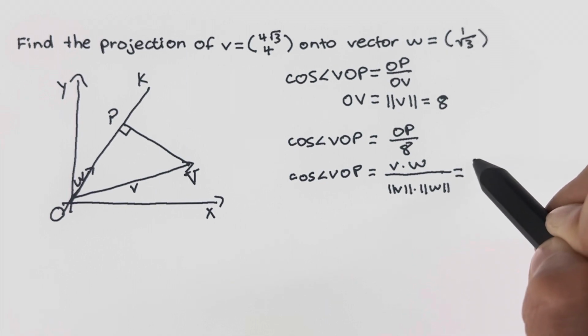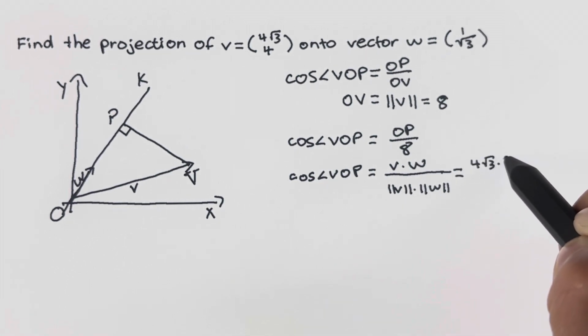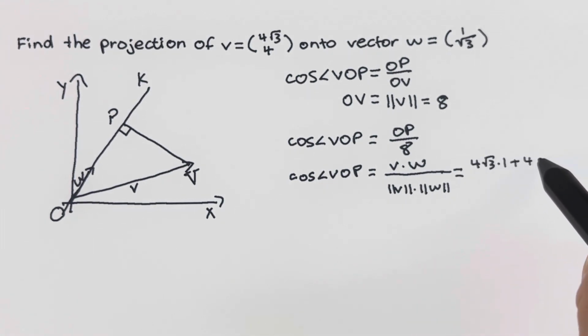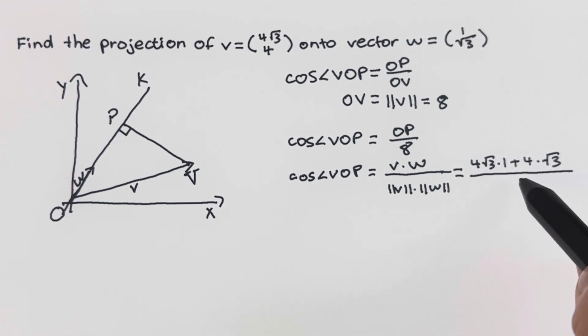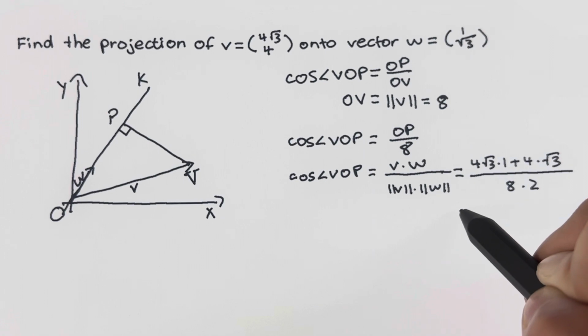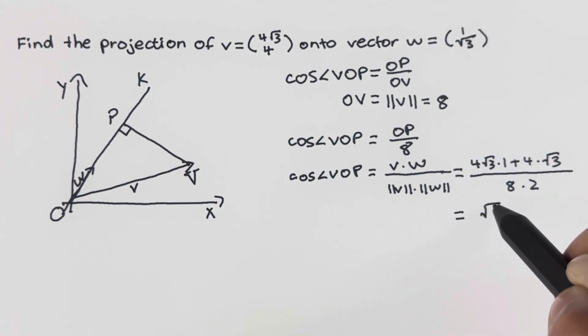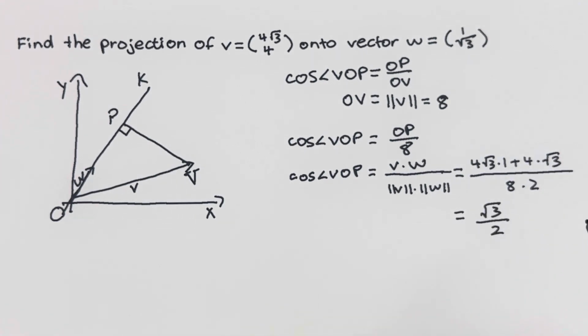This will equal (4√3 times 1 plus 4 times √3) by dot products divided by 8 times 2. This will equal √3 divided by 2.